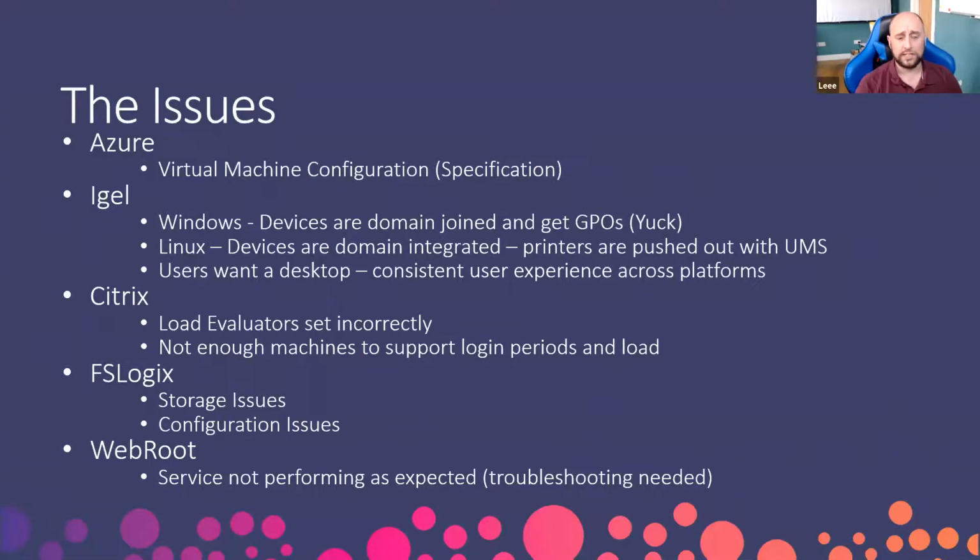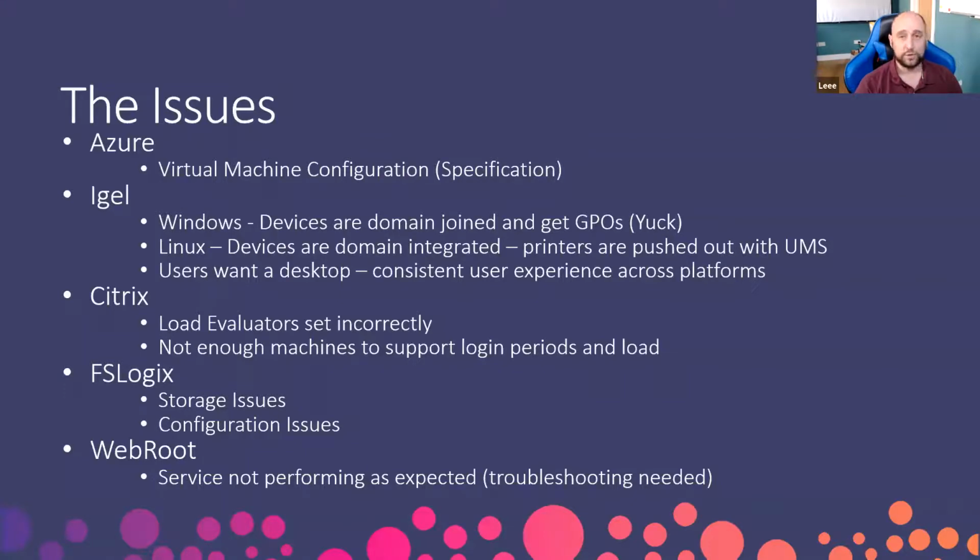Citrix, really the issue there was just sizing. The load evaluators that were applied incorrectly had been put on there to try and combat the issues they were having with logins in the morning. That didn't help, it just made it worse. FSLogix had storage issues, not enough IOPS.